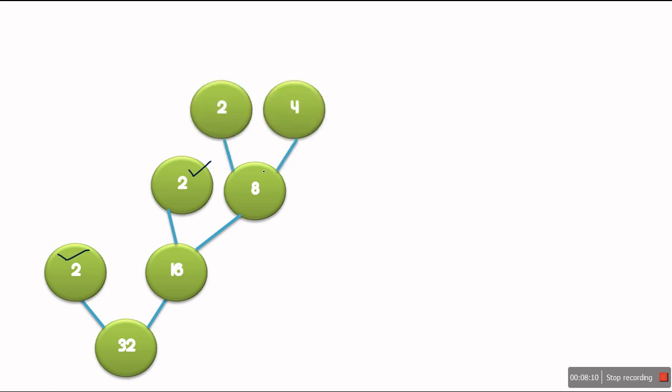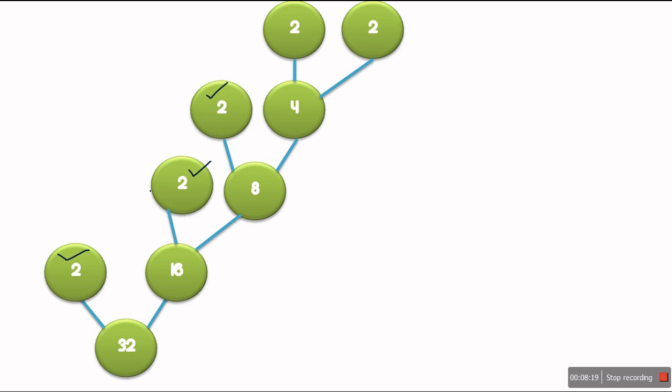Okay, let us take another way for 32. 32 can be broken like this: 16 into 2, 16 times 2 is 32. So we can start the factor tree with this. 16: 8 times 2 is 16. We know this is a prime number, so the branch will finish here. 8 times 2 is 16, so this is again prime. The branch will finish here. Now we can further divide this 8. 4 times 2 is 8. Now again this is a prime number. This will finish here. 2 times 2 is 4.